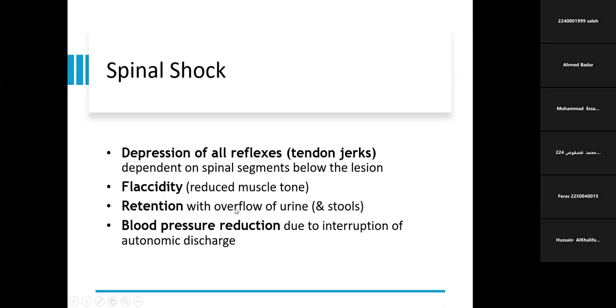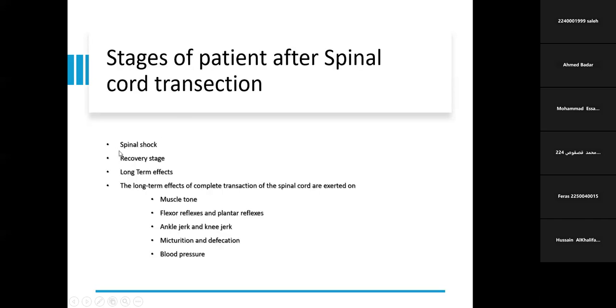Just like you put more tea in a cup, it will start falling down. When the bladder becomes full, some urine starts coming. This is overflow. Likewise, the stool. It is not possible by reflex to pass the stool. Blood pressure is reduced. This is called spinal shock. This is the first few hours after the transection of the spinal cord.